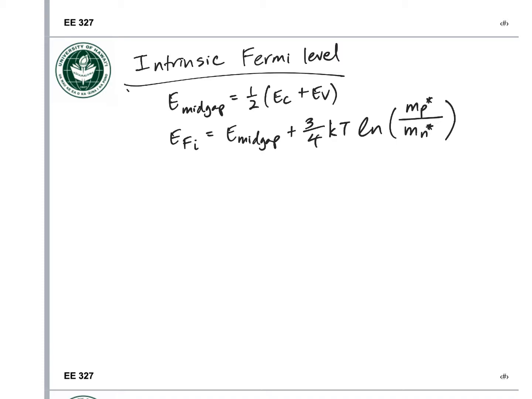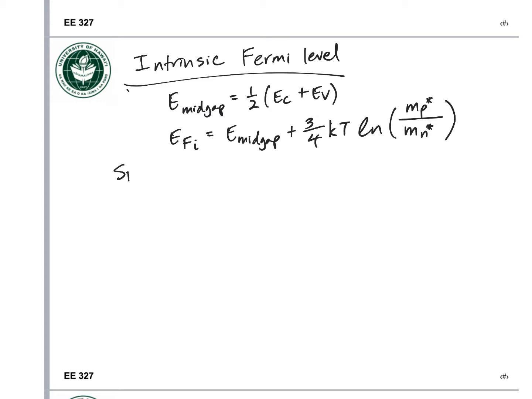Now, if the effective mass of the electrons and holes in your semiconductor were exactly equal, then you're going to get back the mid-gap energy. But in silicon and in most real-world semiconductors, these numbers are not exactly equal. So your intrinsic Fermi level is not going to be exactly the same as the mid-gap energy. But it's pretty close.